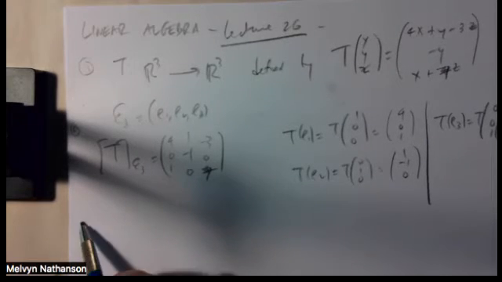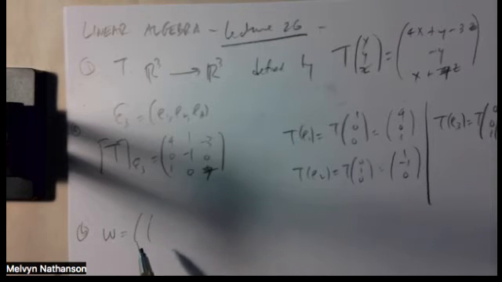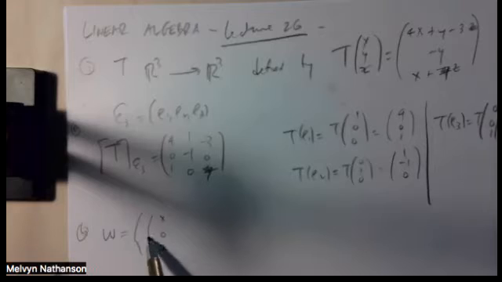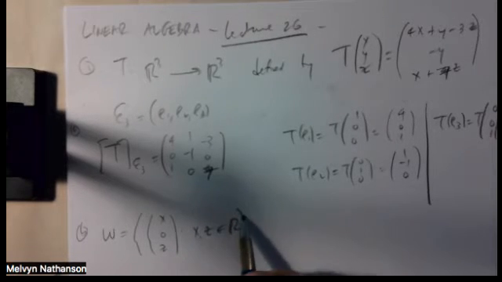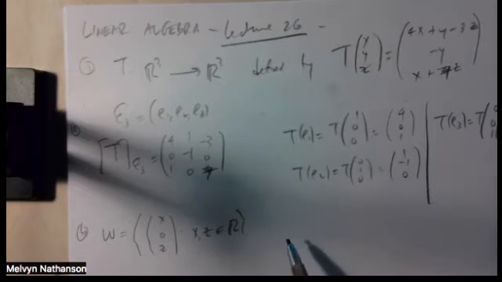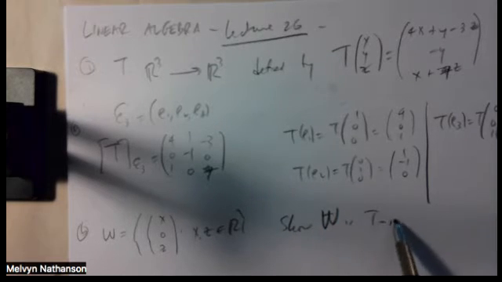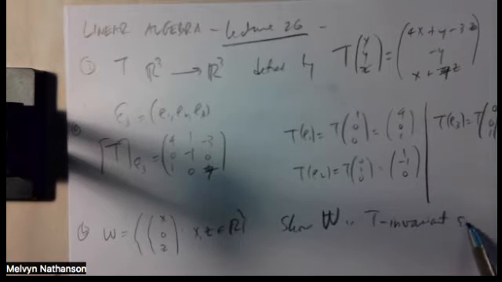Part B, we consider the subspace W of all vectors whose second coordinate is 0. So all vectors x, 0, z, where x and z are in R. And we want to show that W is a T invariant subspace.